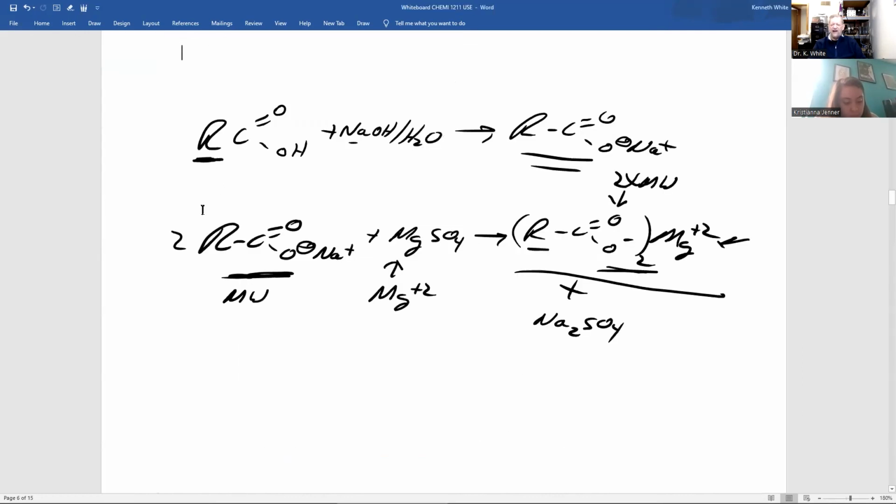Essentially, these 2 reactions where R is either for acetic acid or R is for oleic acid. Everybody get that down? Because most people don't do it. I mark it wrong and take off points. That would hurt your grade too.